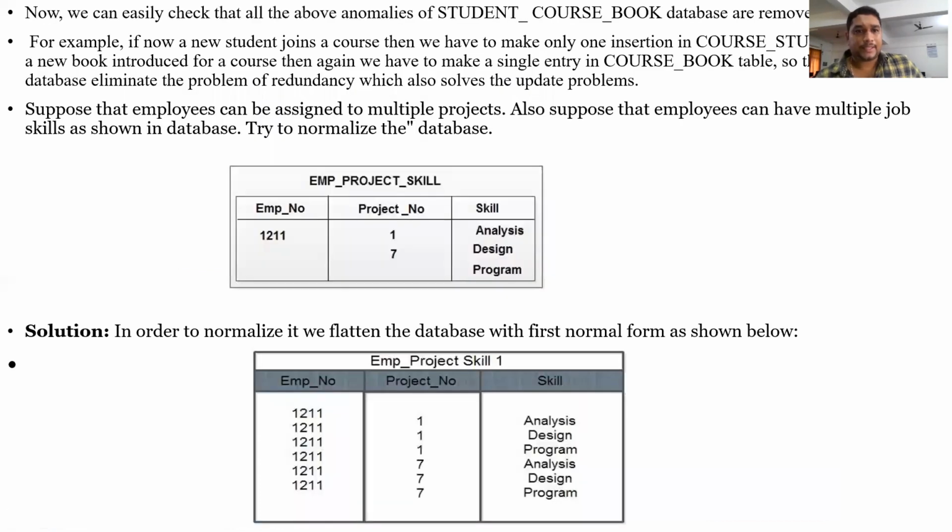Next, we already discussed this: the relation is in first normal form, and after decomposing into first normal form, there is data which consists of a duplication of values.